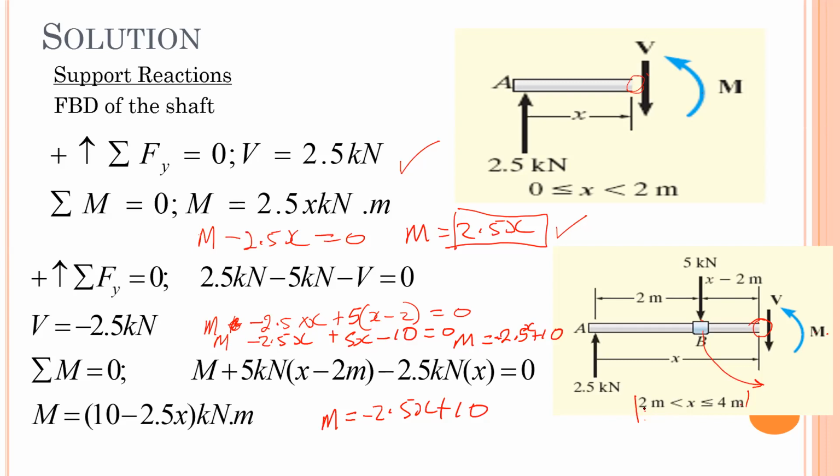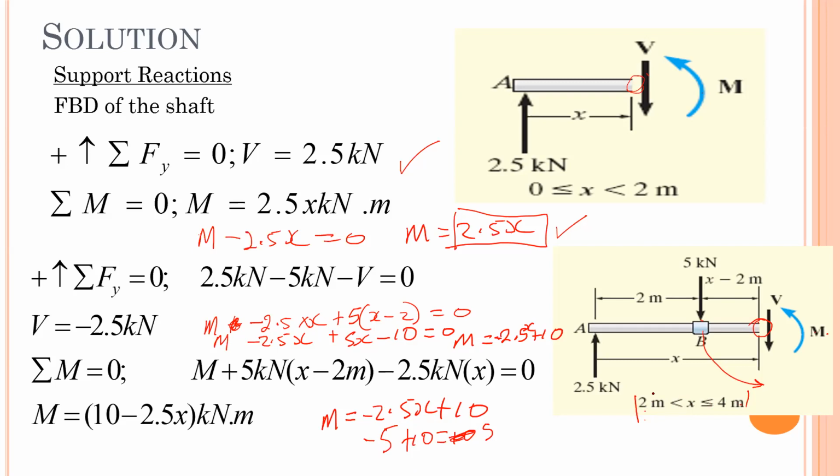So you put in values anywhere from 2 to 4 in this expression. If you put a value of 2, you'd get minus 5 plus 10, so the bending moment there is positive 5.